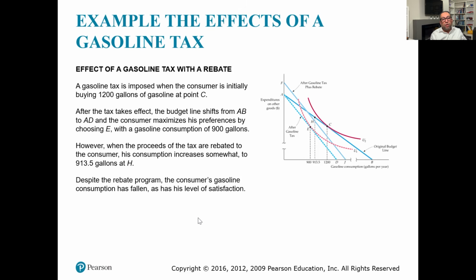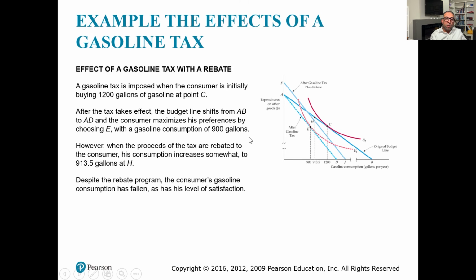We can see from practical life, in the US, when the government imposes a gasoline tax, the consumer is initially buying 1200 gallons of gasoline at point C. After the tax takes effect, the budget line shifts because of the increase in the price, and the consumer is buying 900 gallons.